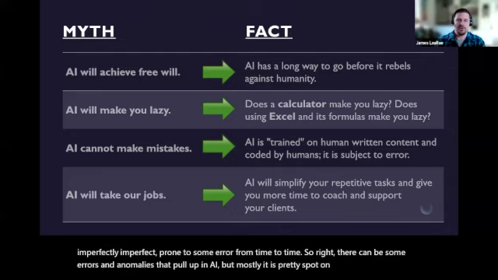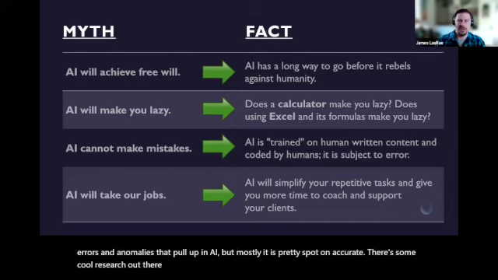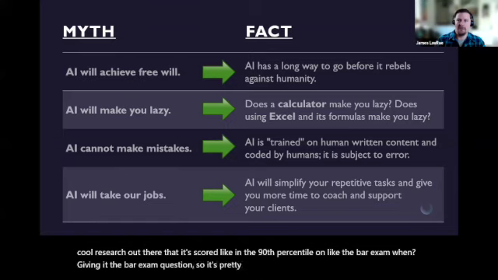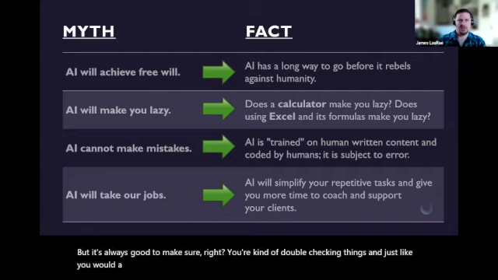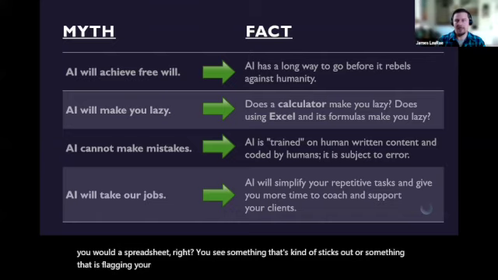There's some cool research out there that it's scored in the 90th percentile on the bar exam when given the bar exam questions. So it's pretty intelligent. But it's always good to make sure you're double checking things, just like you would a spreadsheet, right? If you see something that sticks out or flags your attention, you dive into it. But all in all, it's pretty spot on.